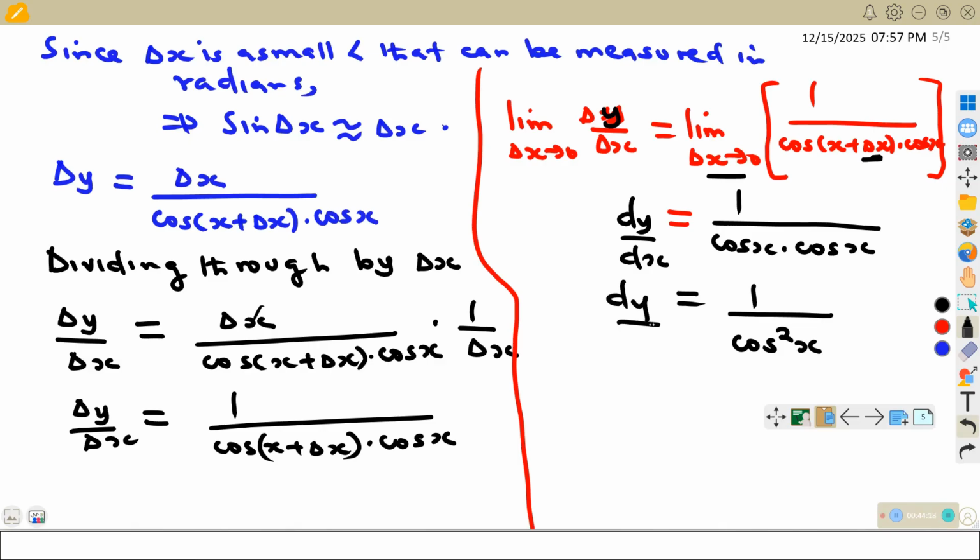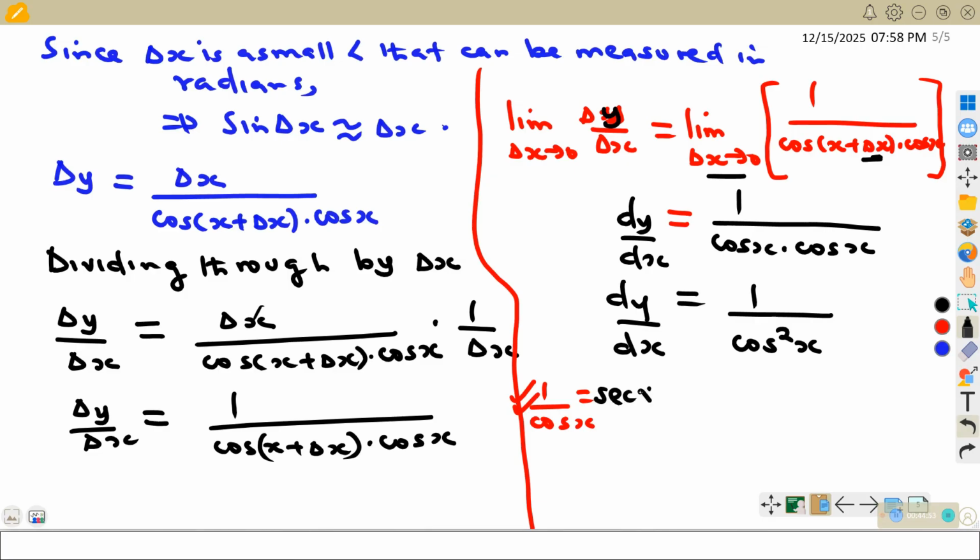This is dy dx. If you recall very well from trigonometry, what do you get if you have 1 over cos of x? I should ask someone here. You get sec x. 1 upon cos, you get sec of x.